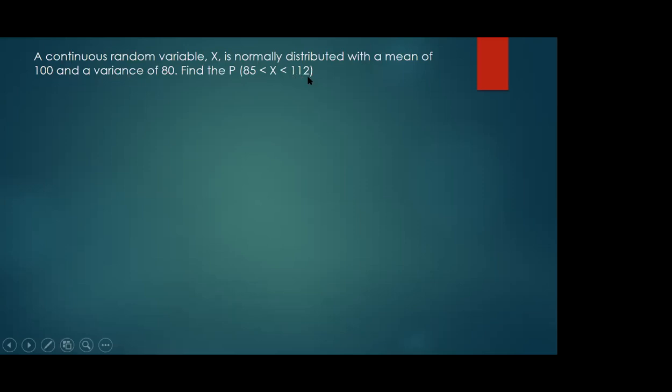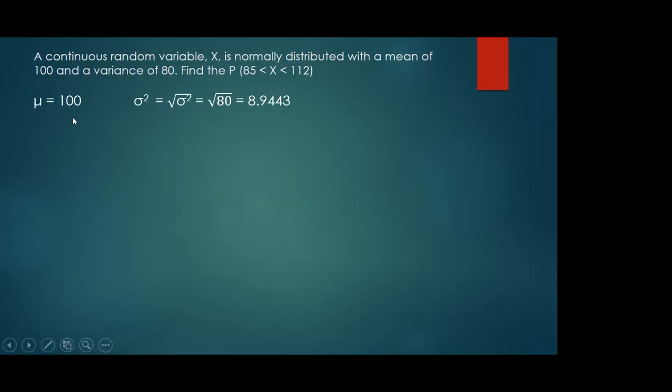So the first thing we're going to do is write down what we were given. We know that the mean is 100, but there's a trick to the question. They gave us the variance instead of the standard deviation. So now we have to work out the value for the standard deviation.